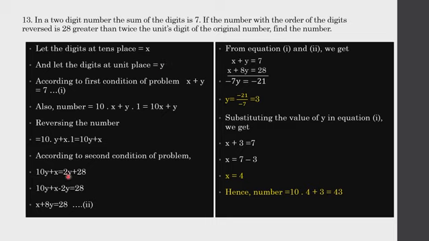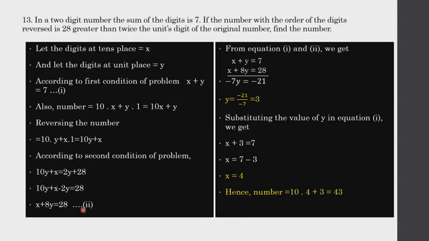So 2 times y plus 28. When you solve this, you get 10y plus x minus 2y equal to 28, so x plus 8y is equal to 28. This is how your second equation is formed. So we've got our two equations: x plus y is equal to 7, and x plus 8y is equal to 28.